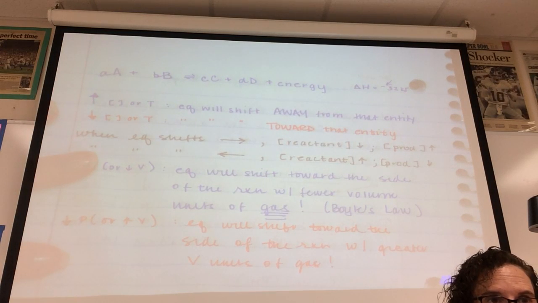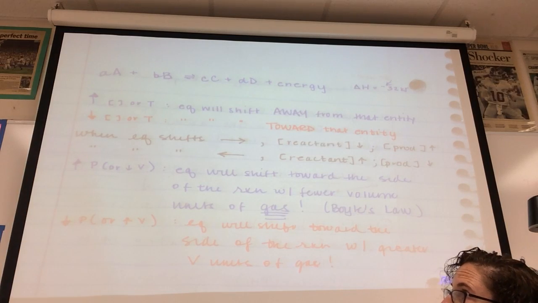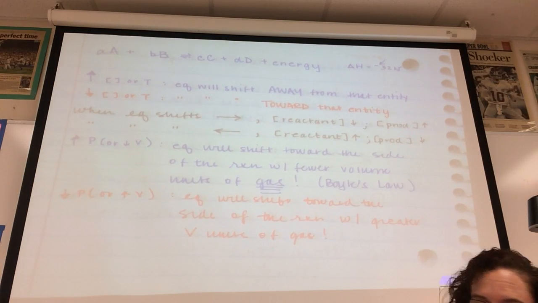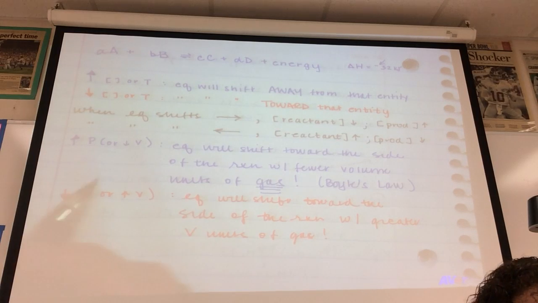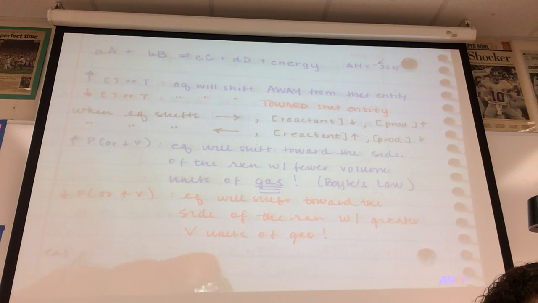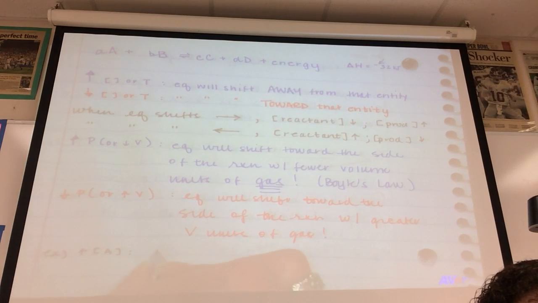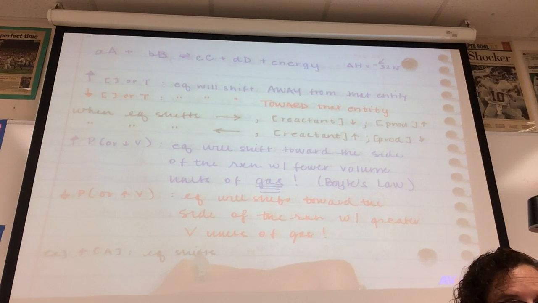Here's your setup. Let's say, for example, that I increase the concentration of A. In which direction will equilibrium shift? Away from. How would we know? All right. Don't write away or toward. You have to say right or left or arrows.